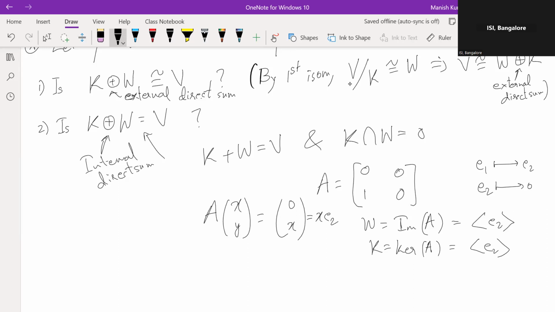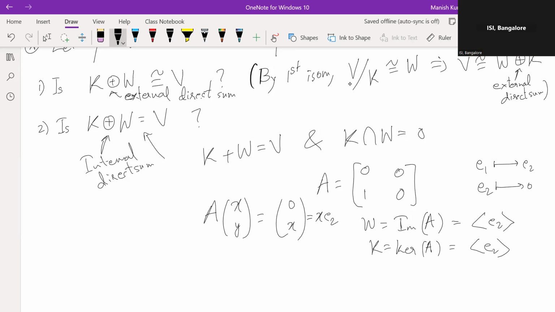Is this fine? So how do we get K plus W equal to V here? No, we don't get it. What we are trying to say is that this is not possible.